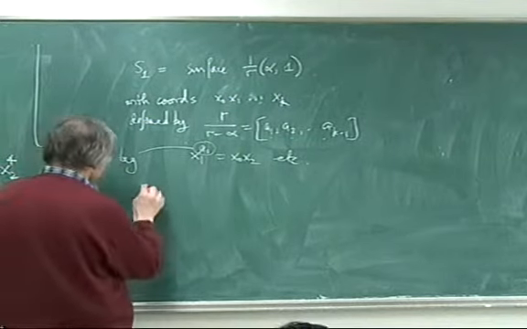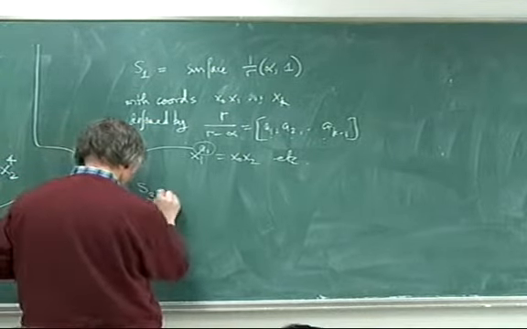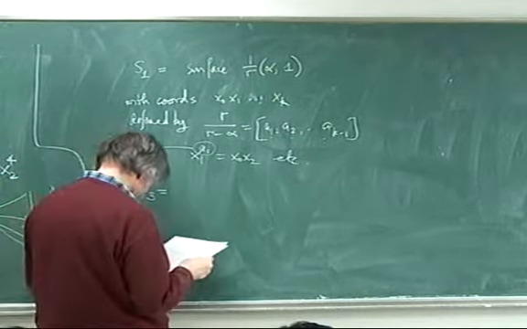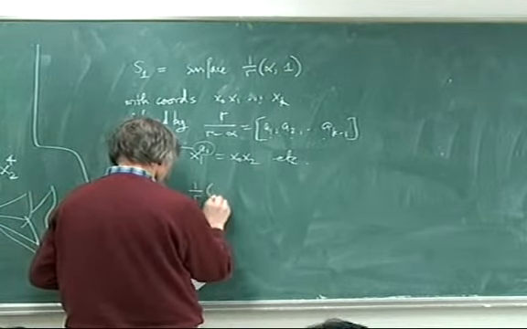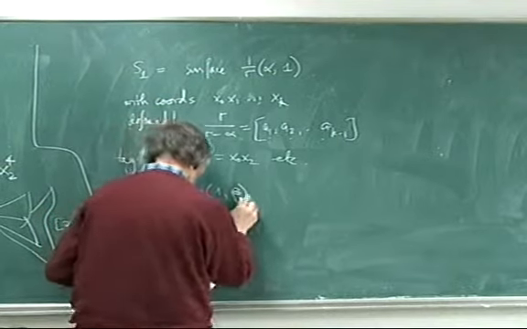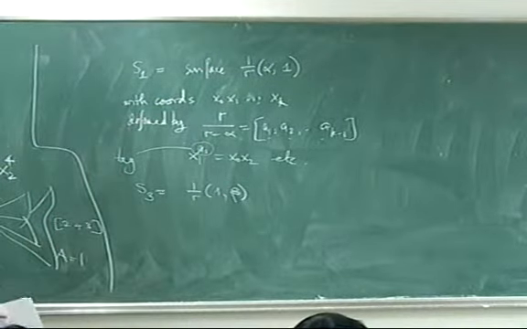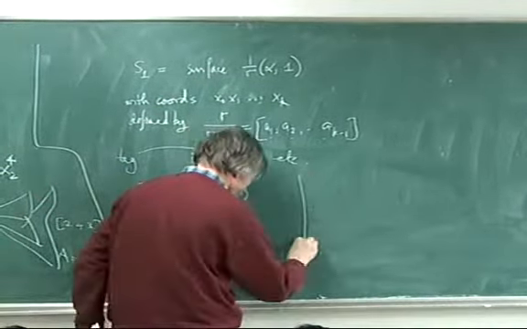Right, and this S3 is going to be 1 over r with (1, beta), and I'm going to make a tent like this.